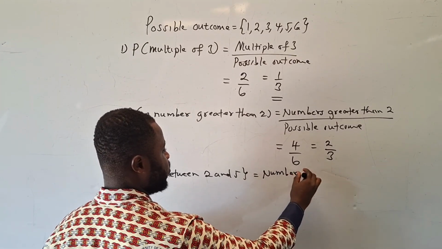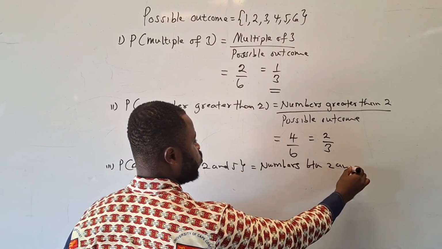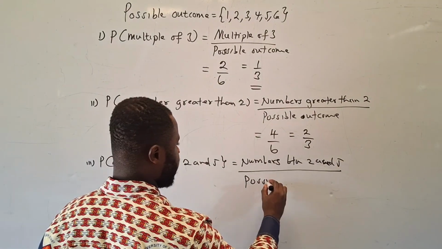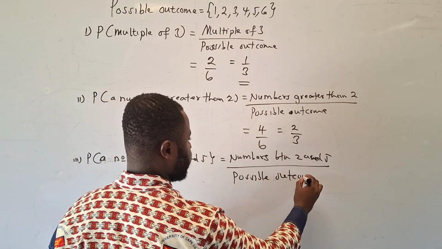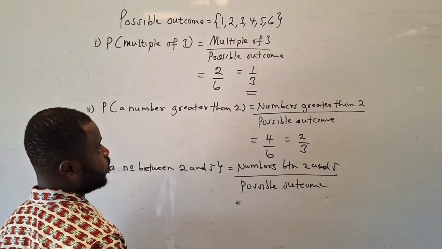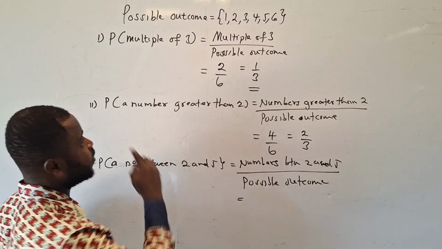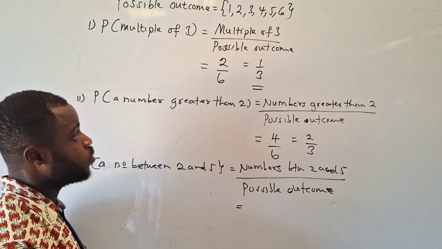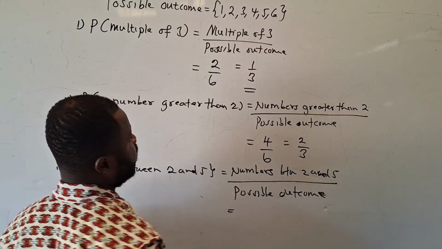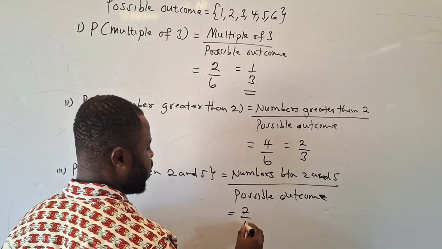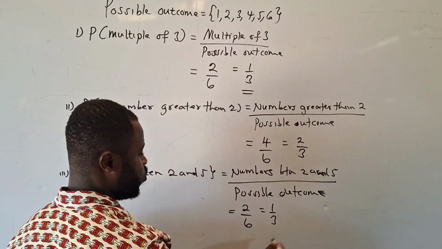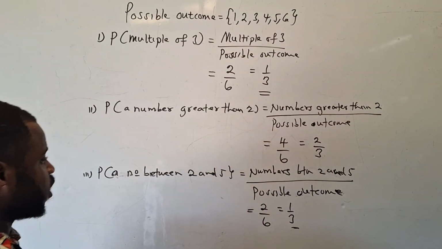So we have the numbers between 2 and 5 all over the possible outcomes. What numbers are between 2 and 5 on the die? This is 2, this is 5. What are the numbers in between them? We have 3 and 4. So 2 numbers out of the 6 numbers. When you simplify this, we get 1 on 3. So this is the probability of obtaining a number between 2 and 5.